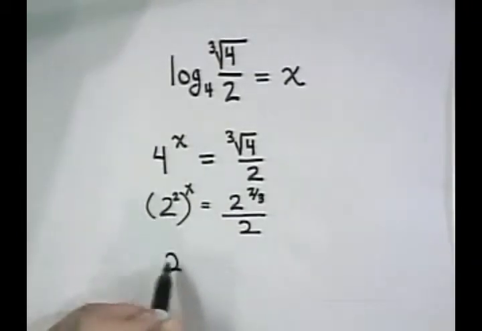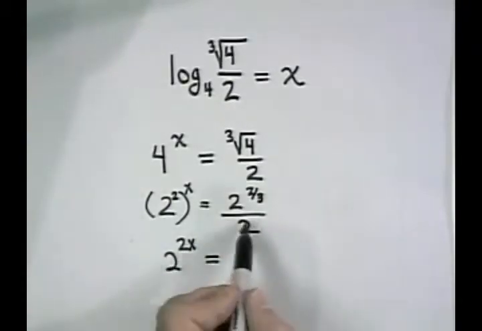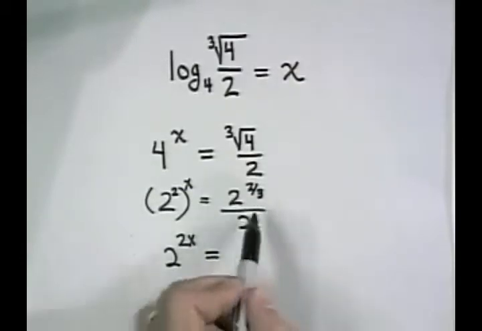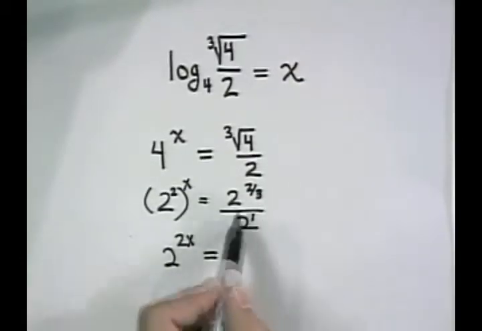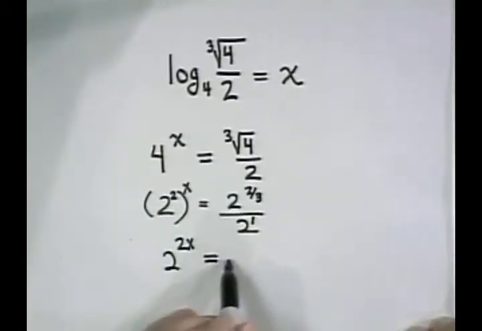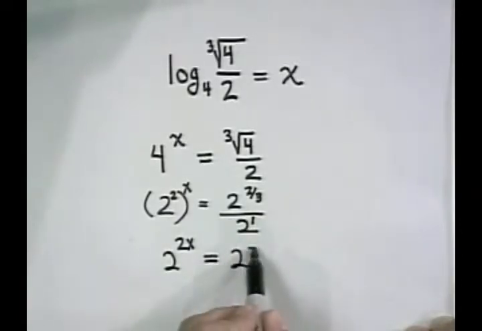We can say that 2 to the 2x power is 2 to the 2/3 power minus 1, because when we're dividing powers we subtract exponents, and so this will become 2 to the 2/3 minus 1, which is negative 1/3.